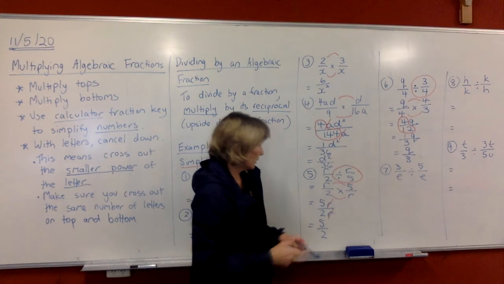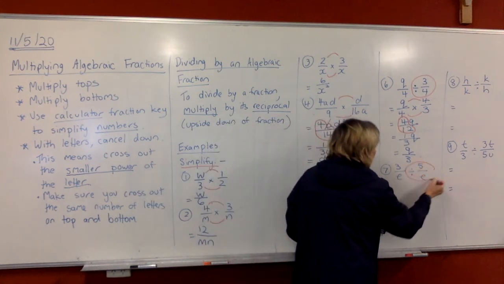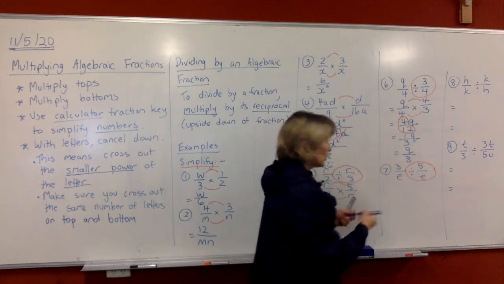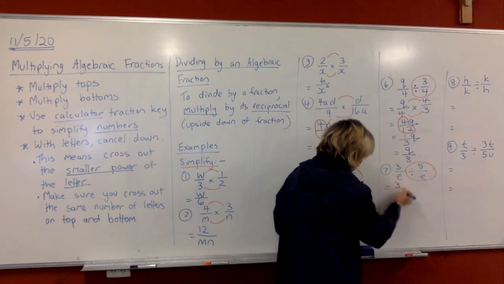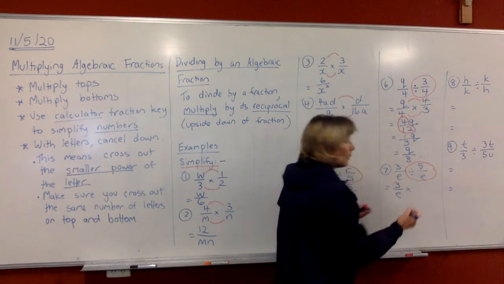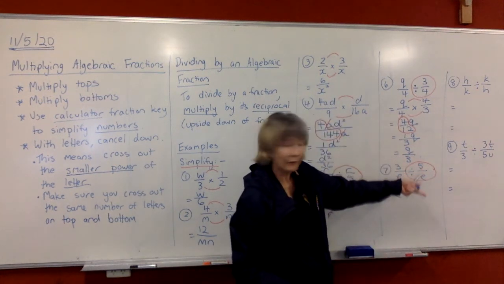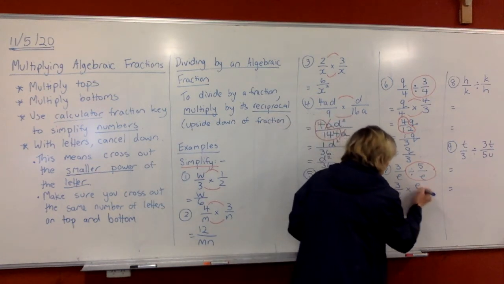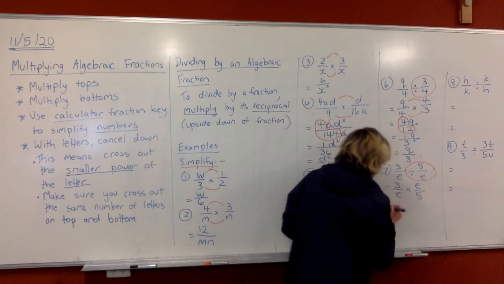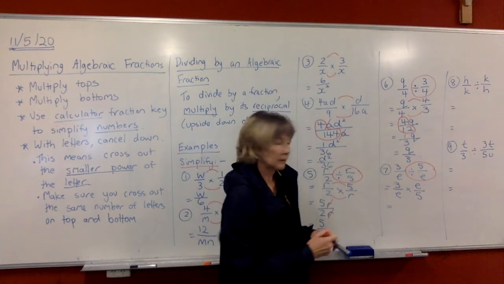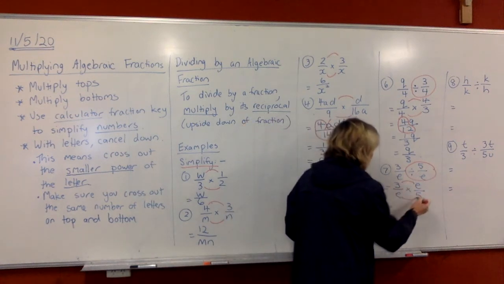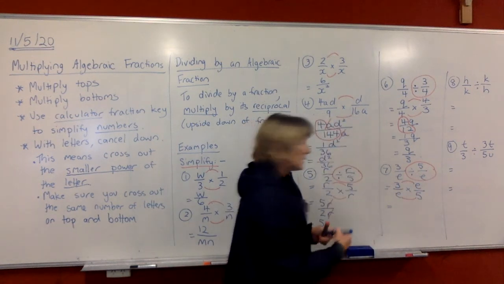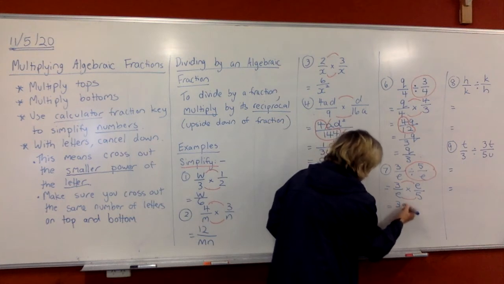Okay, number 7. Again, we're dividing by a fraction. Keep your first fraction. Times by the reciprocal of the second fraction. Turn it upside down. And now we're multiplying. Times your tops, times your bottoms. 3 times E is 3E.